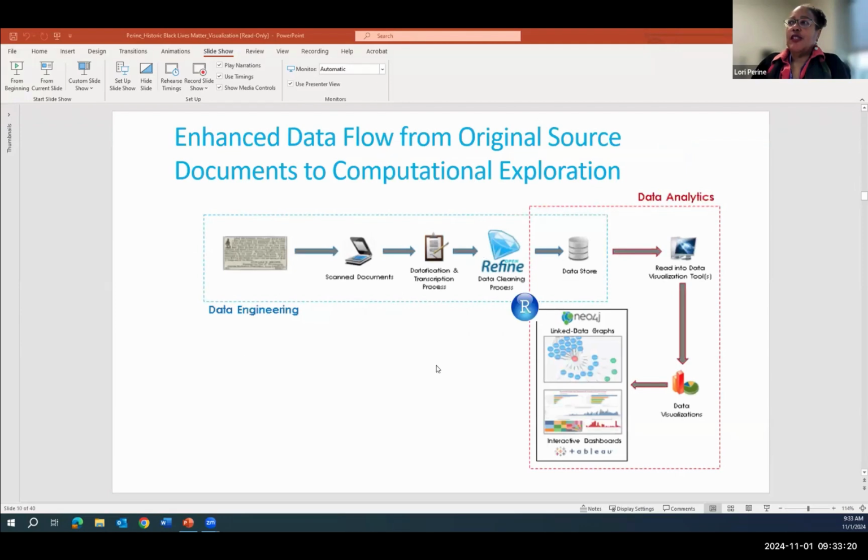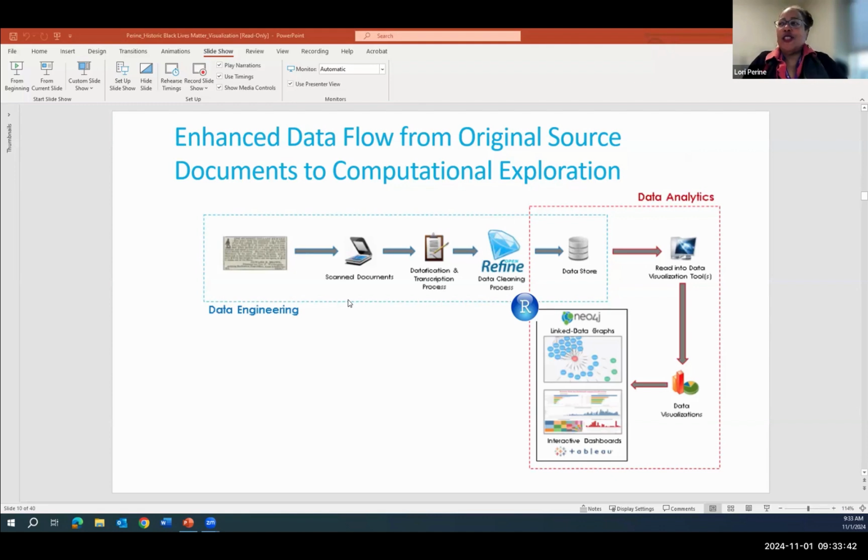This just gives you an idea of the data flow, the flow from original documents, some of which are manuscripts, some are typeset newspaper types of documents, for that era.